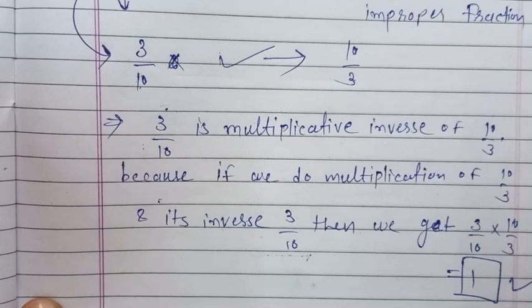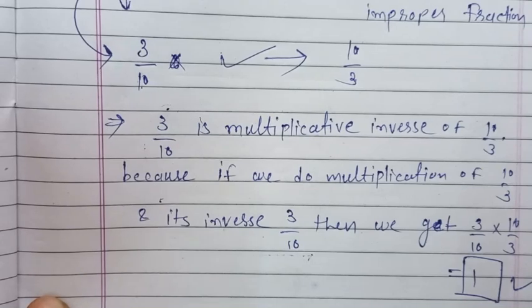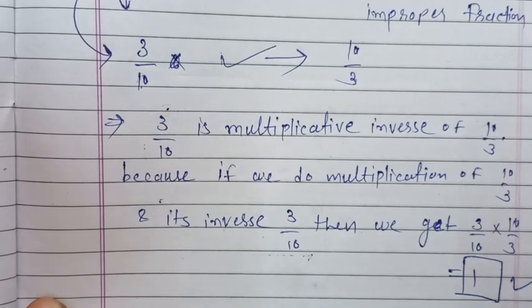So the multiplication of this -9 by 8 and 8 by 9 is not equal to 1, because in the definition of multiplicative inverse, if we multiply a number and its multiplicative inverse, then we get 1.